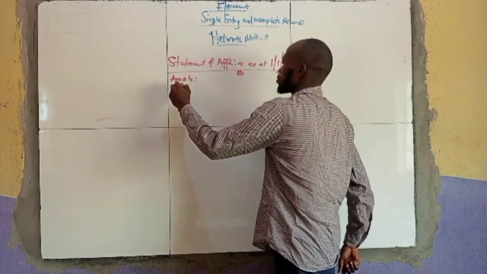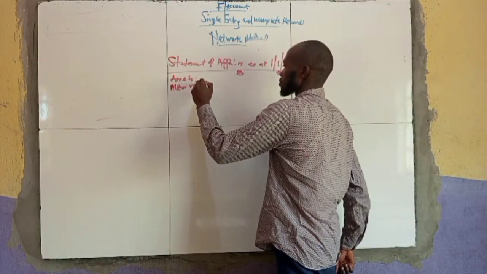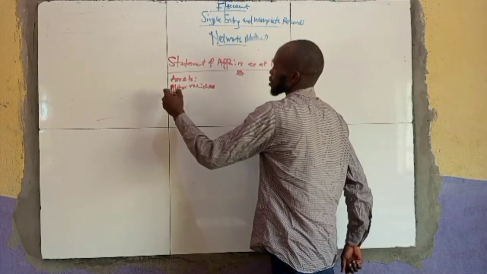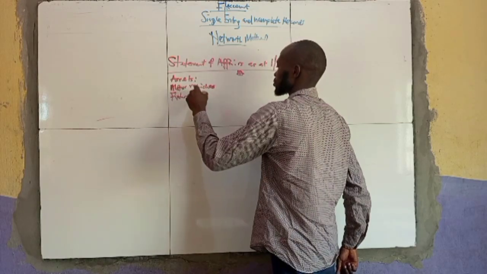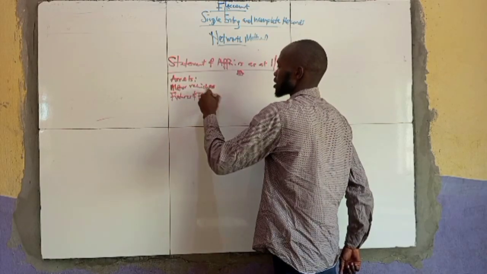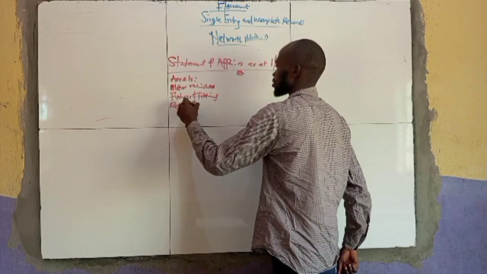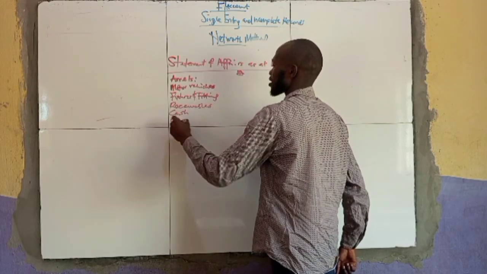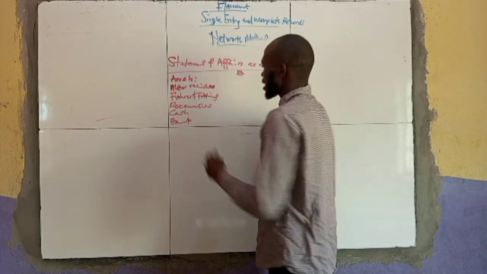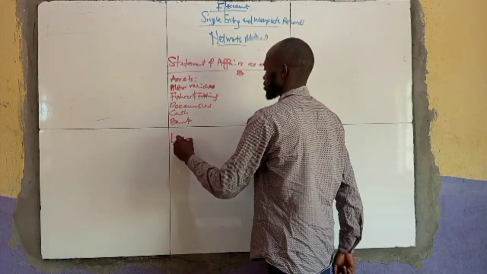So, motor vehicle, fixtures and fittings, receivables, cash, bank, and others. And then liabilities.